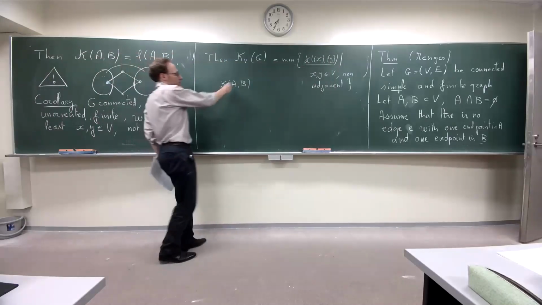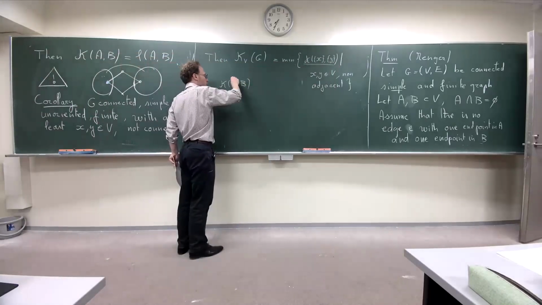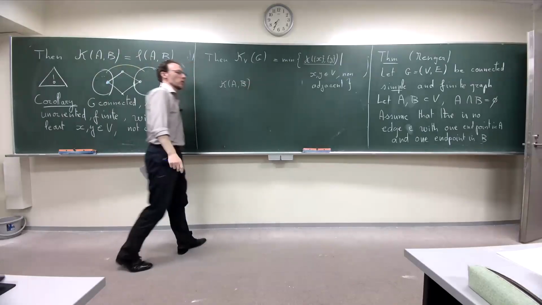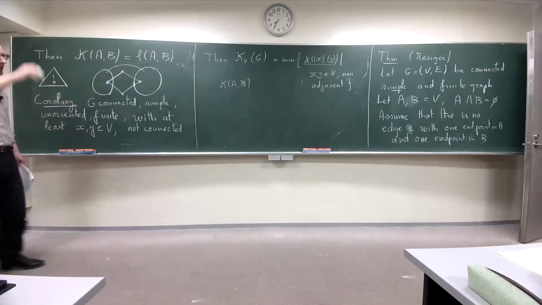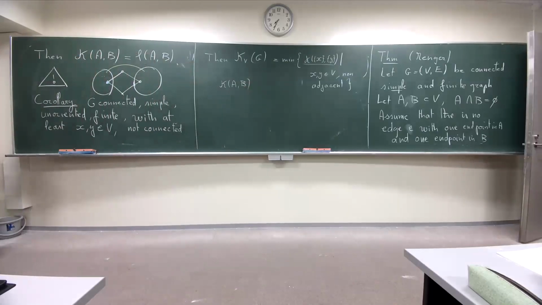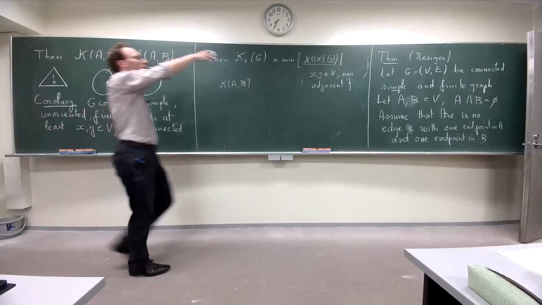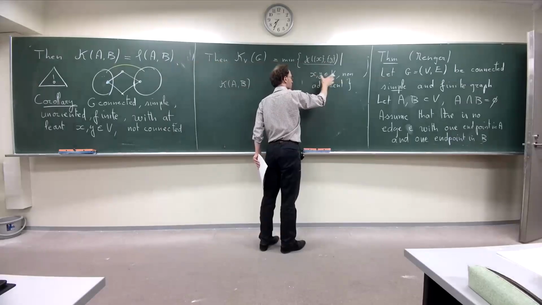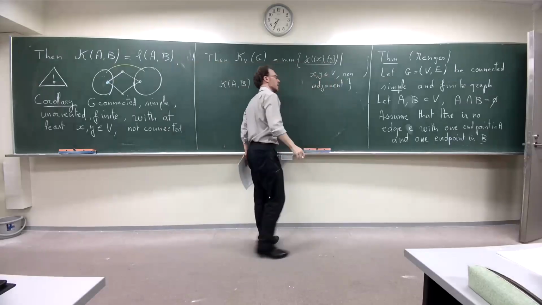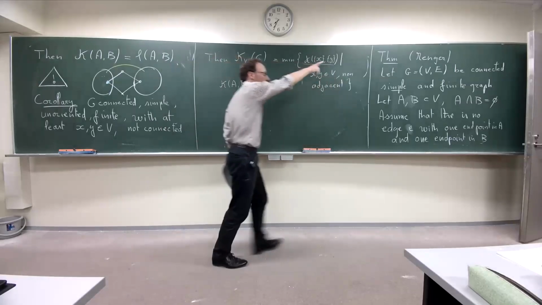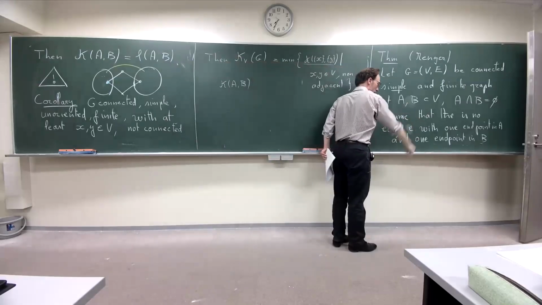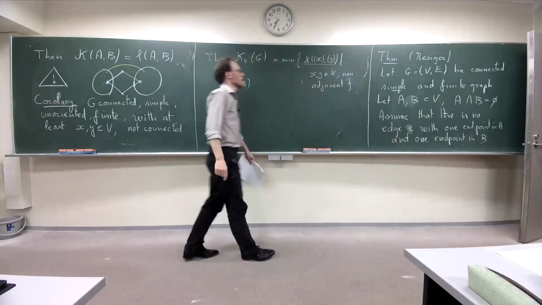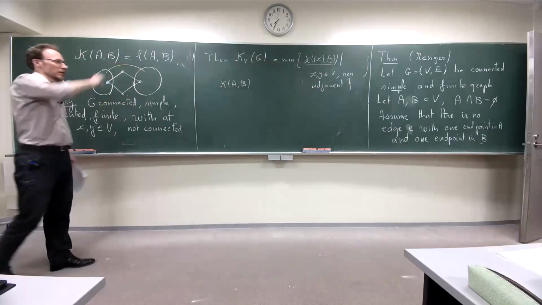And now I just take A as 1 point X, B as 1 point Y. And if you think about the meaning, you get that this minimum number holds for any vertices X, Y not adjacent, because in order to apply this theorem, I need to consider things which are not adjacent. Then you have this equality.